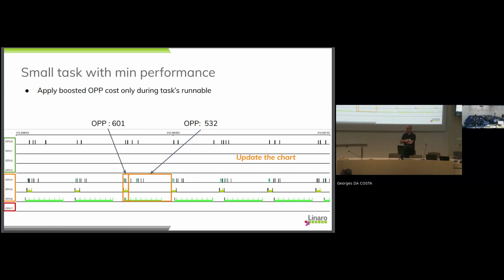Because I thought that for uclamp max, if you set uclamp max for a task, it means that you don't want the CPU to run this fast. You want to limit the performance of the CPU when the task is running. So that's the aim: to say, I don't need more than that to run.